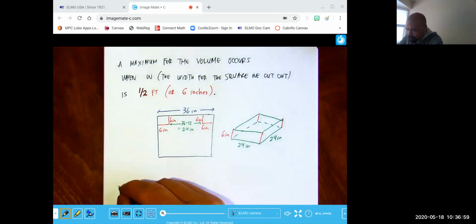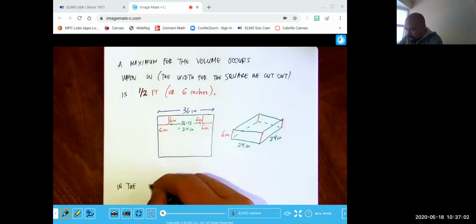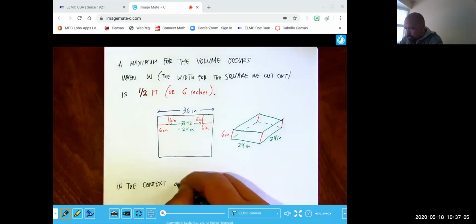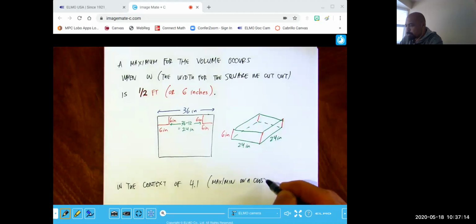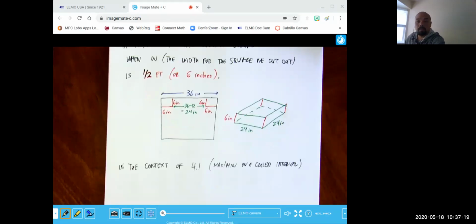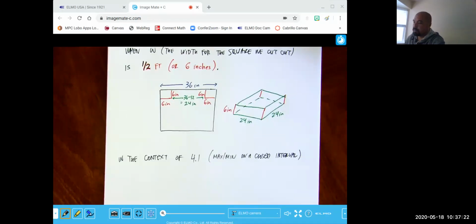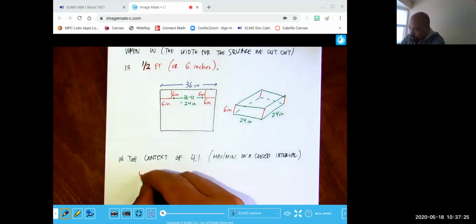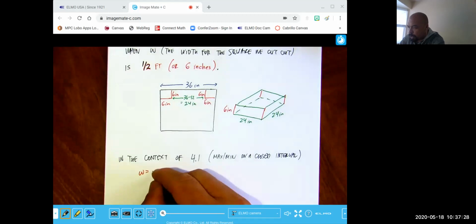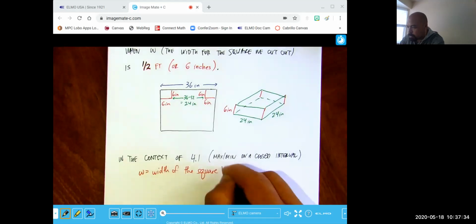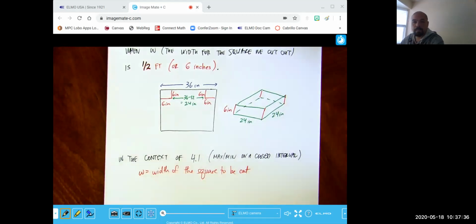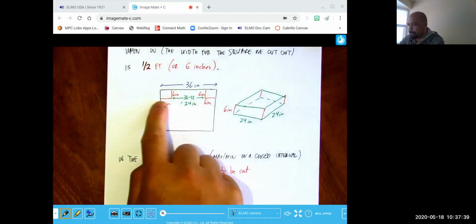But now in the view of section 4.1, that max, min on a closed interval, let's think about that value for W, that stood for that width of the square to be cut.